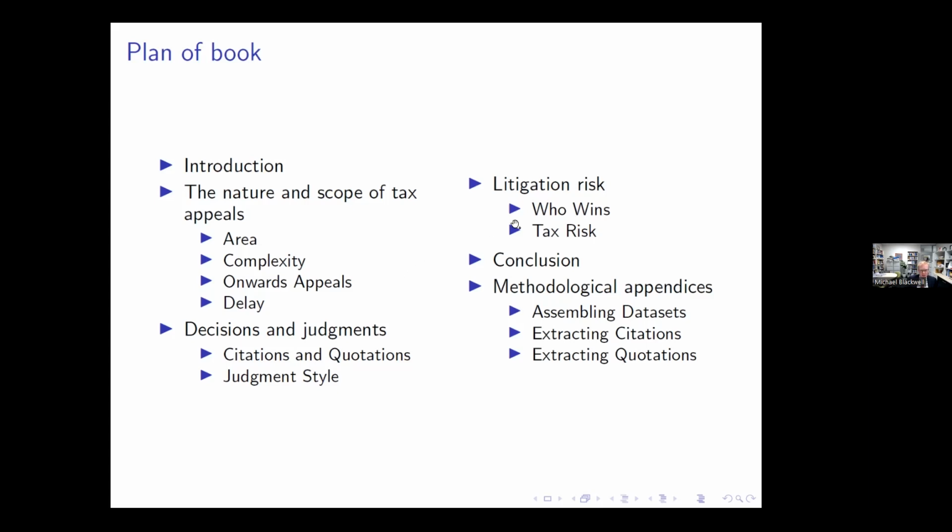And there's a quite theoretical chapter on tax risk, and a more empirical chapter looking at who wins and the extent to which we can measure risk, and a conclusion that brings it all together, with lots of the technicalities put in methodological appendices.